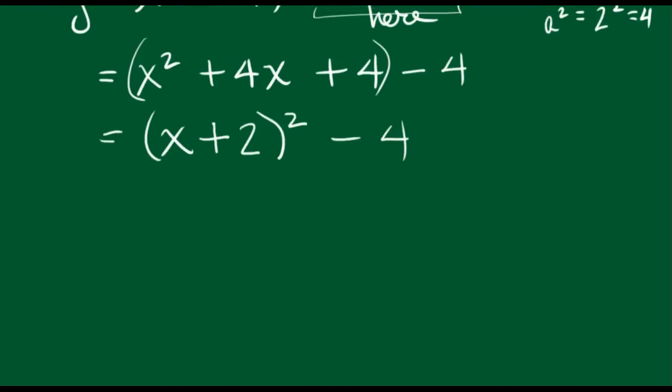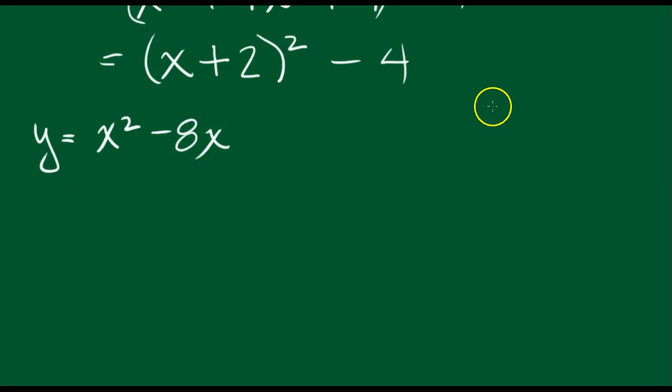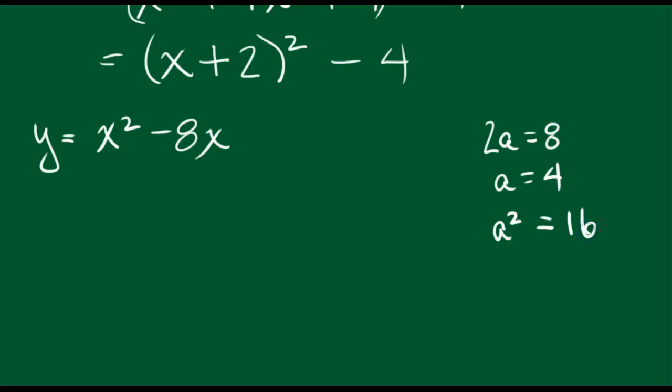Next, another example of this one, y is equal to x squared minus 8x. Okay, if 2a is equal to 8, then a is equal to 4, and a squared is equal to 16.